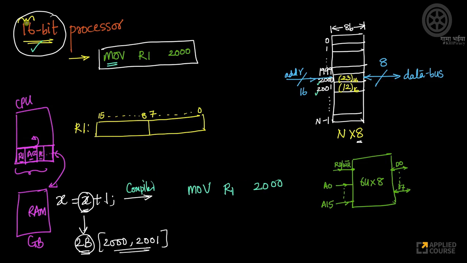So what this does is it copies, look at this, it says copy whatever data is there in address 2000 to register R1. Let's say register R1 is a register in my CPU. Now because we have a 16-bit processor, it doesn't just copy 1 byte, it copies 2 bytes. So again, your register is also going to be 16-bit.